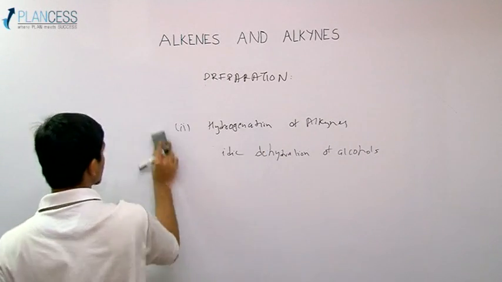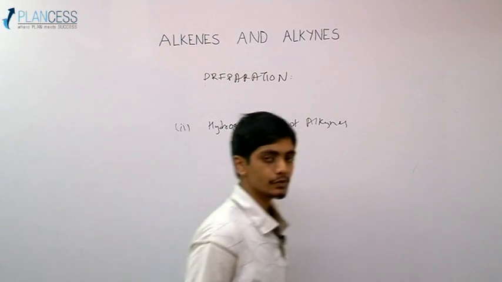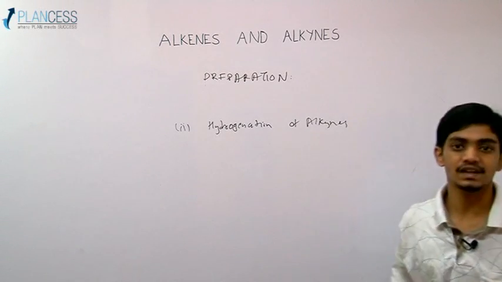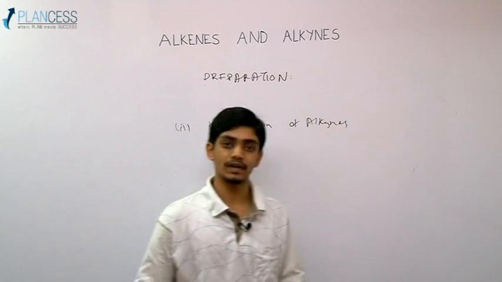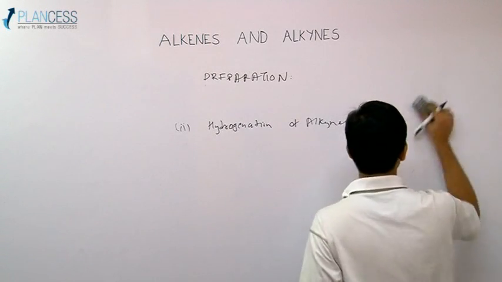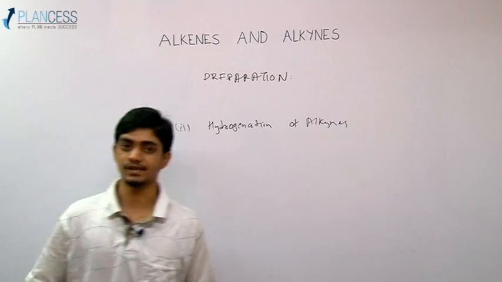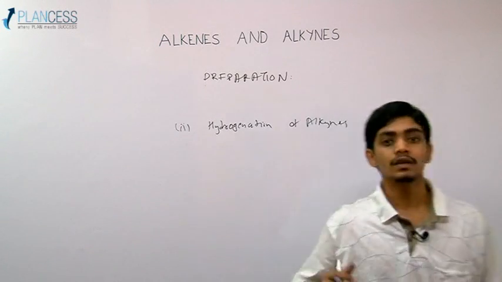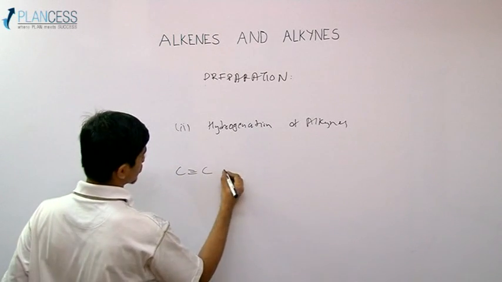Now, hydrogenation of alkynes is a very simple process, but suppose we want to get specifically cis alkenes or trans alkenes. Alkenes, we know they have a double bond, that means they have restricted rotation, and that means they can show geometrical isomerism. And we have discussed a lot about it, and now we will see how you can get them from alkynes.